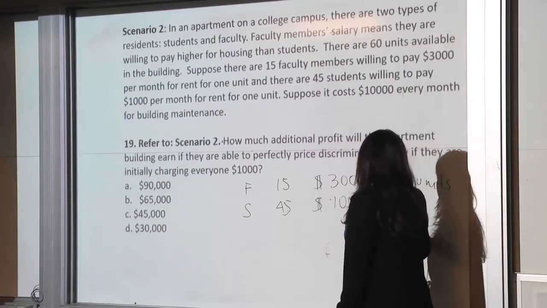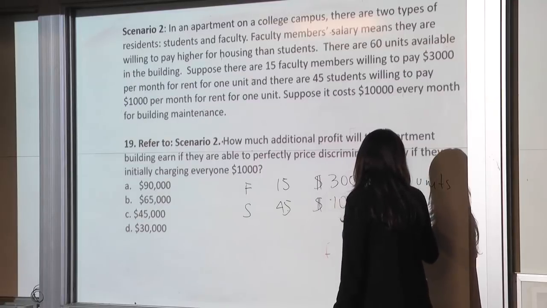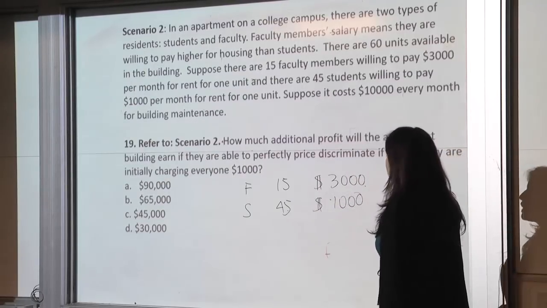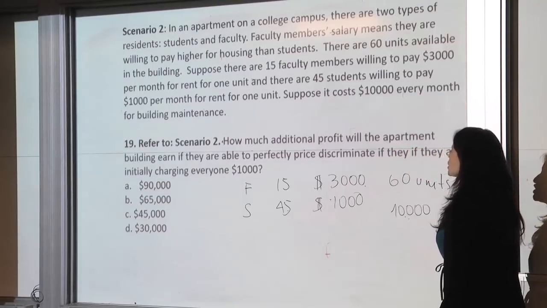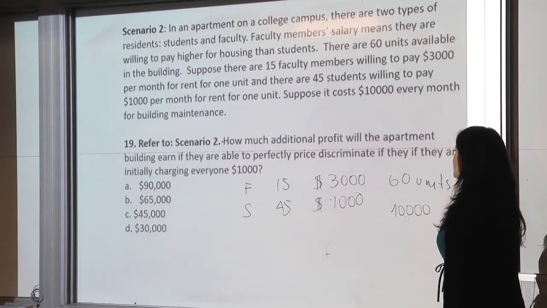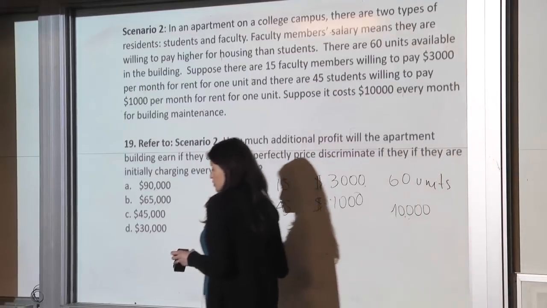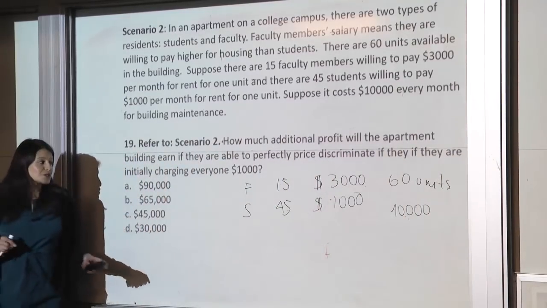Suppose that the cost of the whole building maintenance is $10,000 every month. How much additional profit will the apartment building earn if they are able to perfectly discriminate if they are initially charging everyone $1,000? Okay, so what do you have to do here?